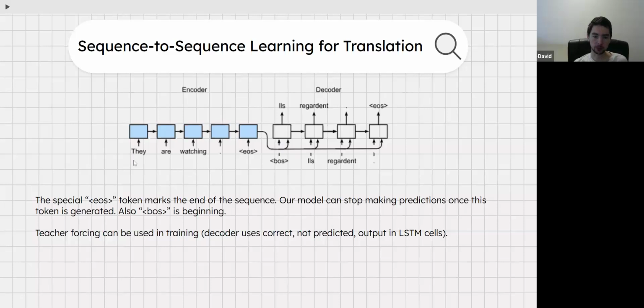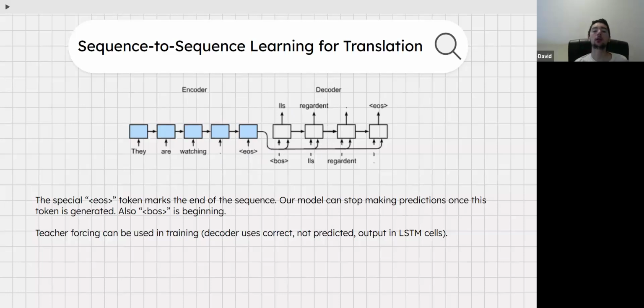So we can predict end of sequence and then translate that to French. When we terminate the sequence in the encoder, we use end of sequence, and when we initiate the sequence in the decoder, we use beginning of sequence and predict the next word.